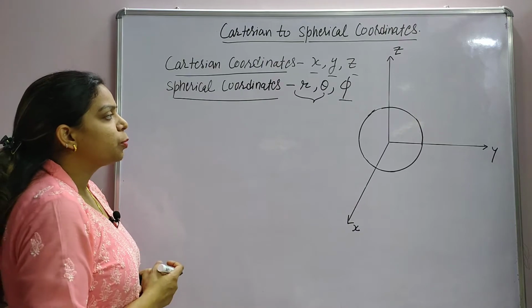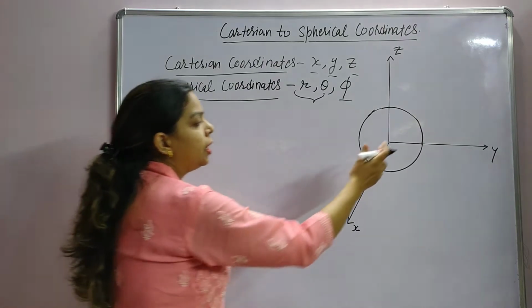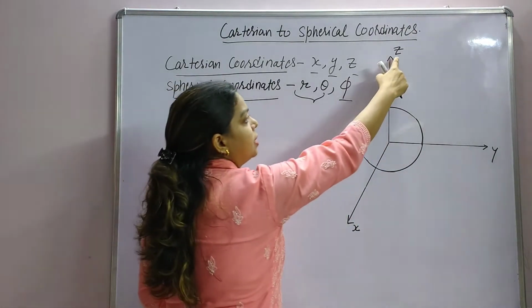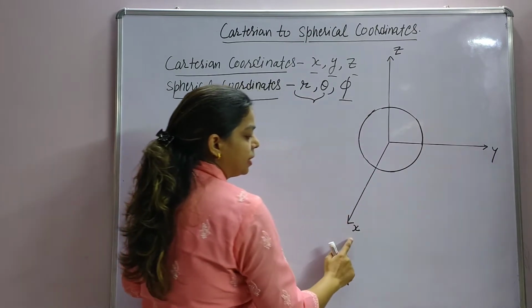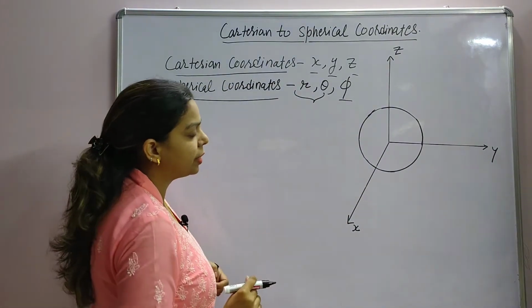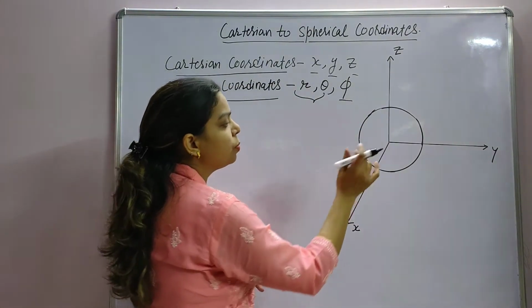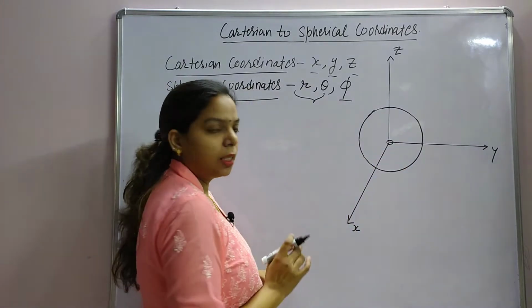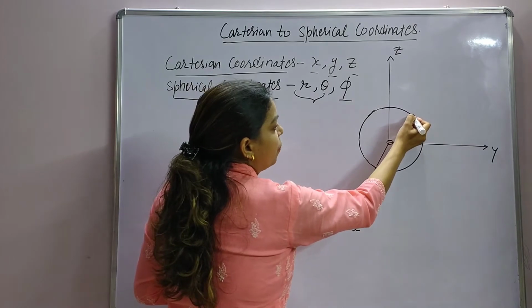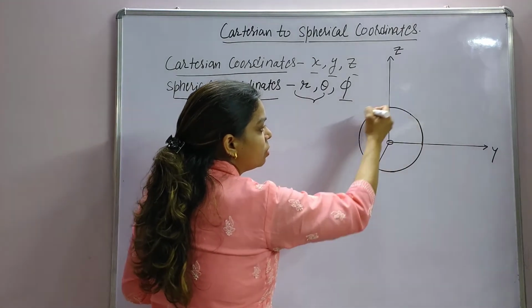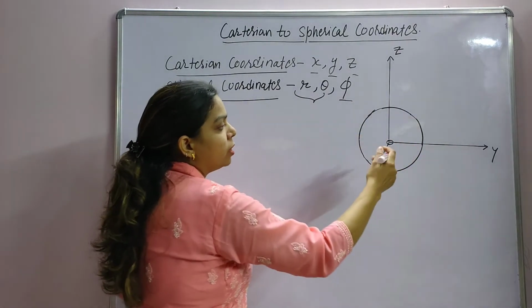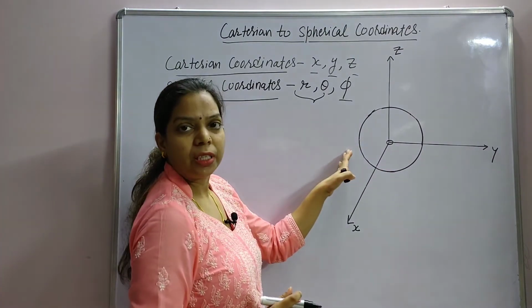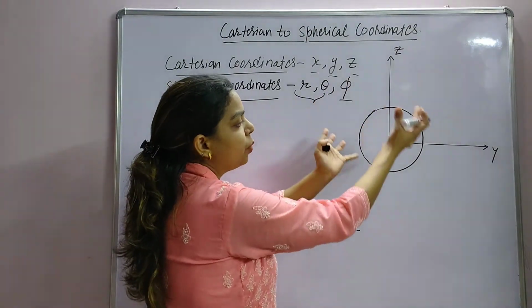So now comes the point. Here I have drawn this diagram. Z is this side, then the y axis and x axis. We have these three axes, and we assume that the nucleus of the atom is lying at the origin and the electron is revolving around the nucleus through this path. In 2D it's a circle, but in 3D it will be a sphere.